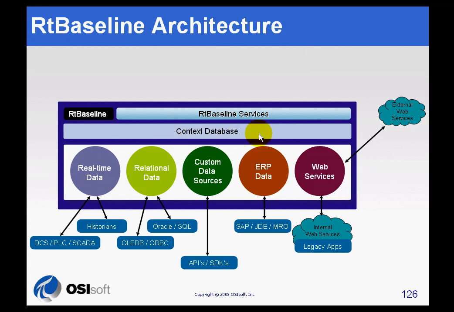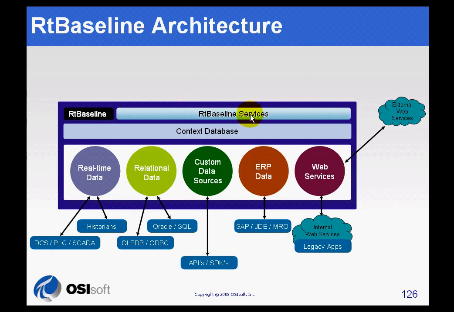And that's what we call context. And all of those things together, how do we serve those up to the users who are out on the web? Well, we serve all that information up through RtBaseline Services. So it's the application, as I said, that is managing all the different connections that are defined to all these different sources, and it's the application that's going to facilitate communication through the SharePoint technology with the clients that are out in the field.